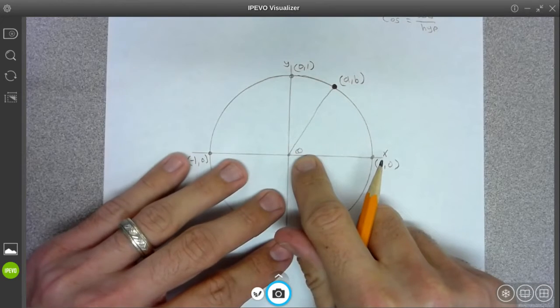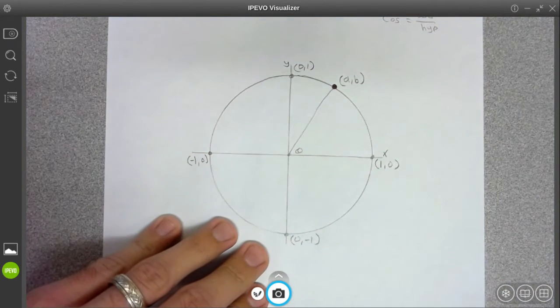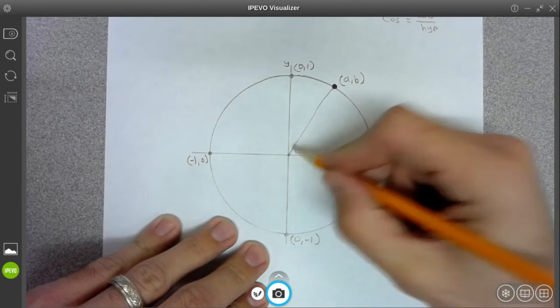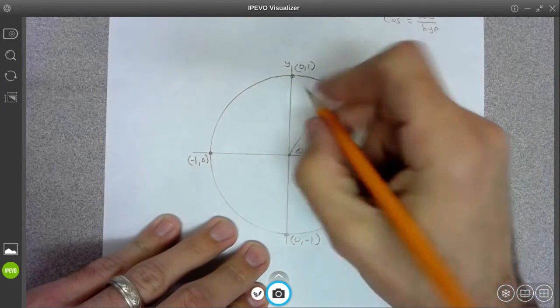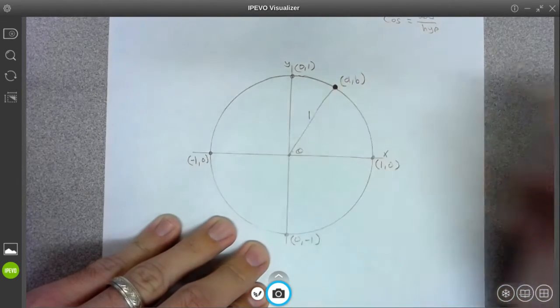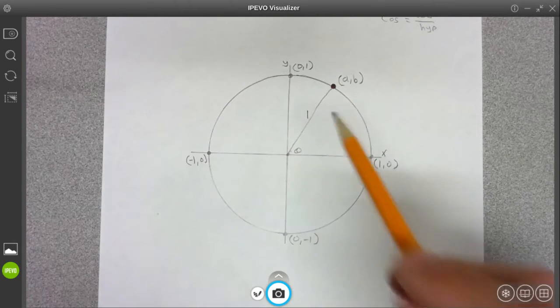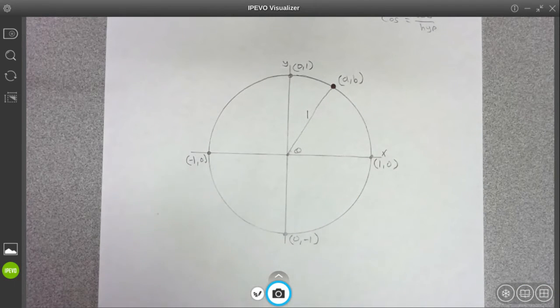We don't know what the angle is. We're just going to call it theta. The other thing to notice is that this radius, because we're dealing with the unit circle, has a length of 1. What we do here is going to apply to multiple radii, all of them actually, because they're all going to be similar to this one. Like all circles are similar to each other, if that makes sense.